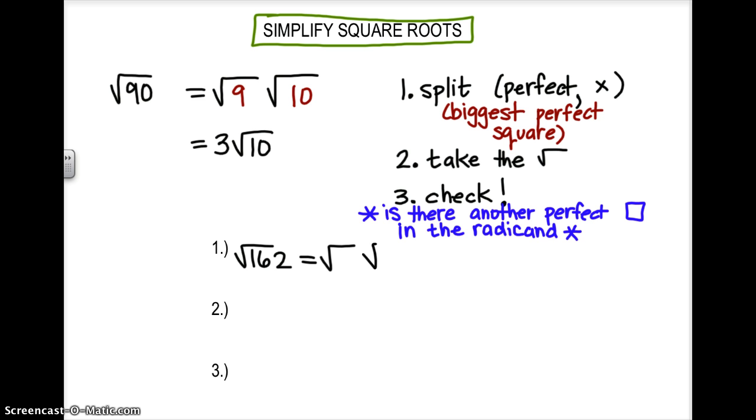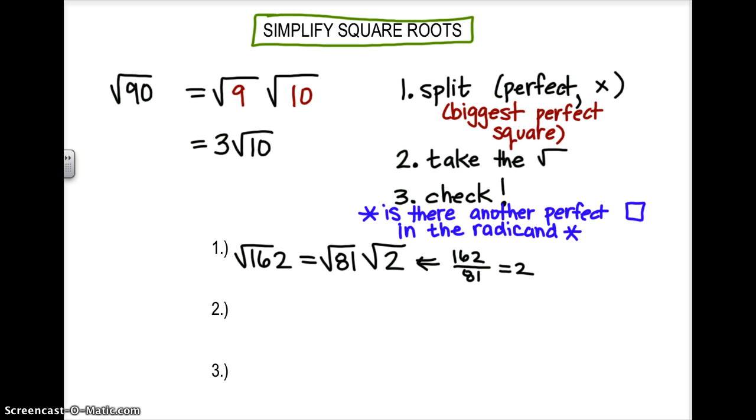The biggest perfect square that goes into 162 is 81. To figure out what goes in the second radical, we can do 162 divided by 81. Since that's 2, 2 goes in that second radical.